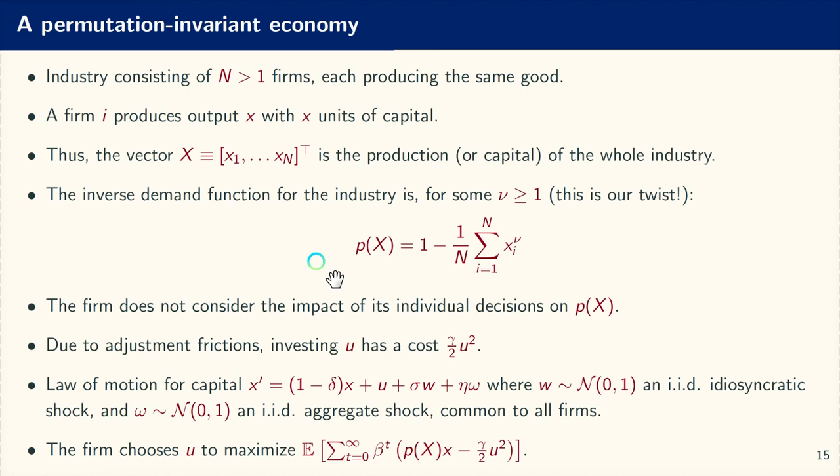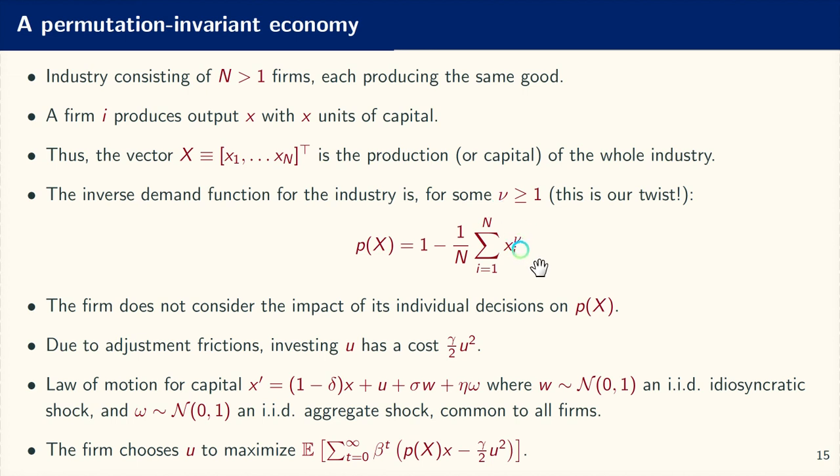We need an inverse demand function for the industry, where, with some nu bigger or equal than 1, and this is our twist, this is the only difference with respect to the model in pages 226 to 228 of Ljungqvist and Sargent, P of X is equal to a constant 1, I could have an alpha over here, but this makes things easier, minus the 1 over n sum of the production, to the power nu.